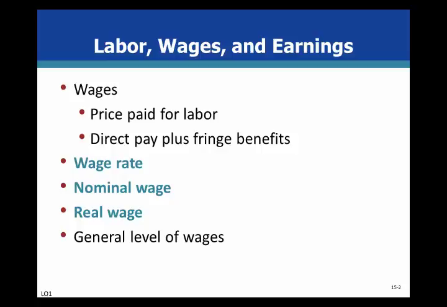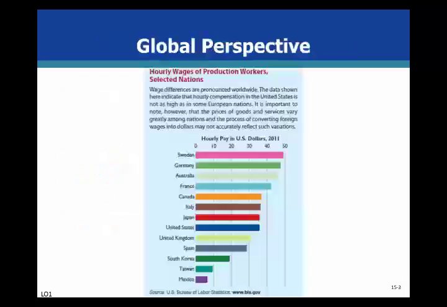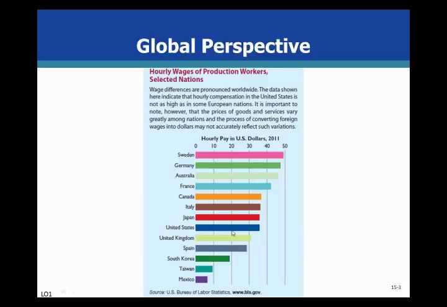So obviously, wages are a factor of production, a price, what we pay for our labor, looking at our nominal and real wages, overall earnings, and just understanding, as an economy, where the United States is in regards to wage rates overall per hour in US dollars. So we're kind of closer towards the bottom, but in regards to price of living in other places, it's very different as well.